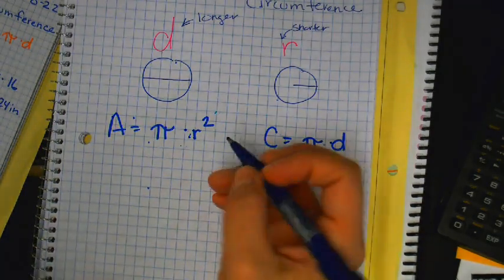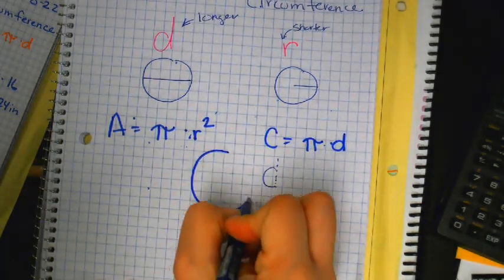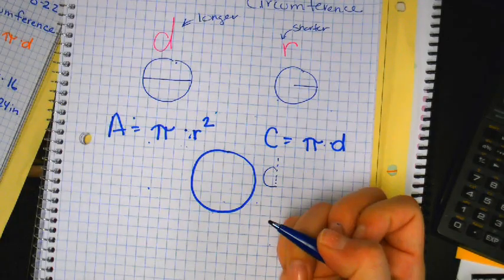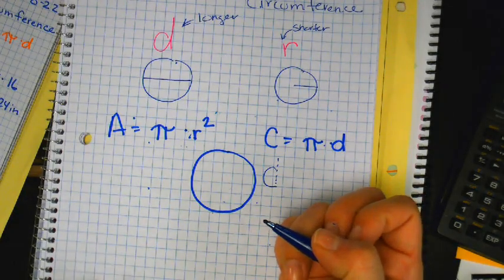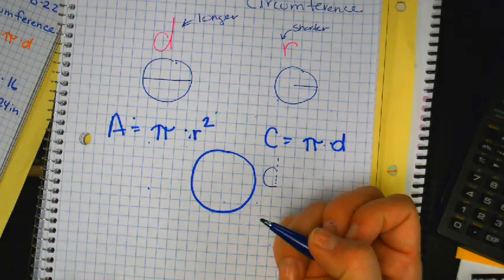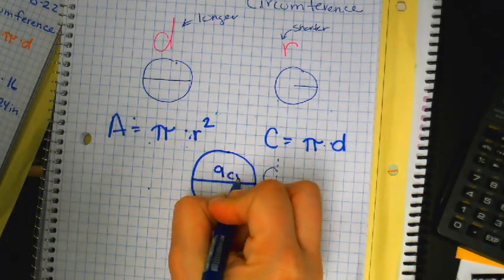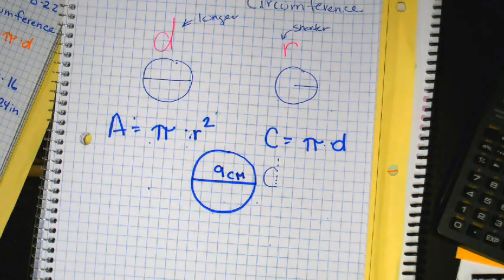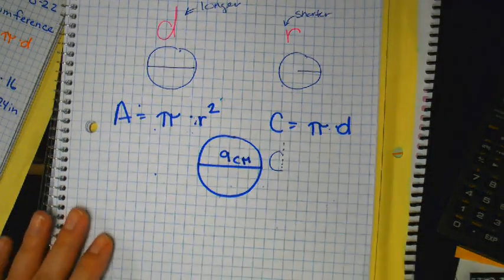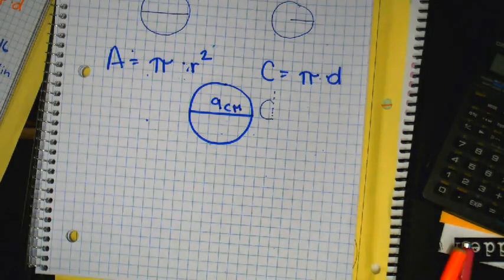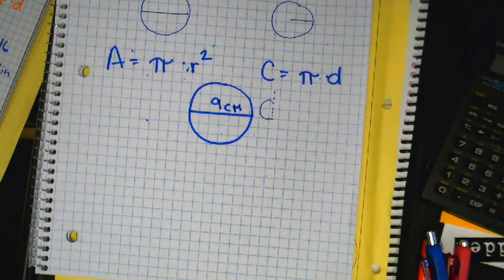All right. So we have a circle. Let's make it 9. Because some of you were confused on this yesterday with the worksheet. Did I give you diameter or did I give you radius?